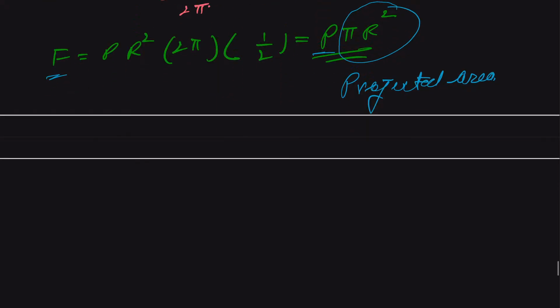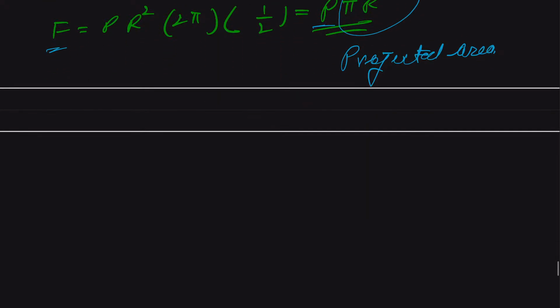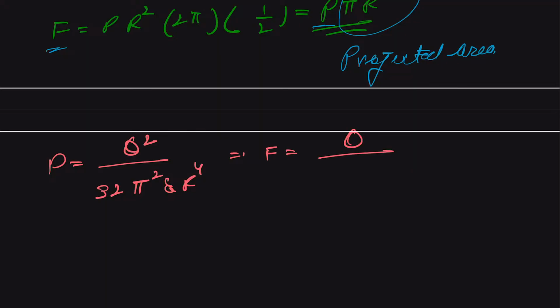We can write that our P is equal to Q squared upon 32 pi squared epsilon naught r to the power 4. Therefore, our force is equal to Q squared upon 32 pi squared epsilon naught r to the power 4, multiplied by the projected area, that is pi r squared.